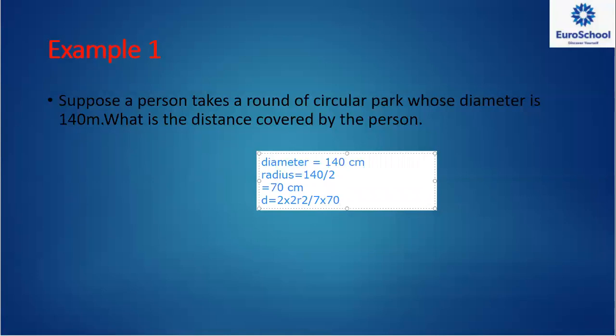So if you solve it, 2 into 22 by 7 times 70, 2 into 22 is 44.